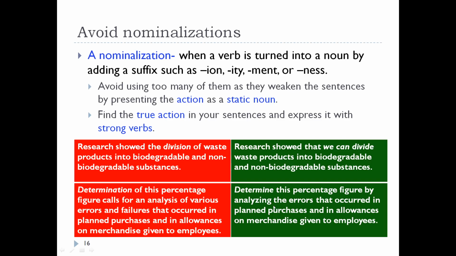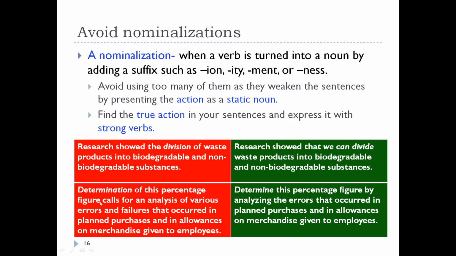If you put it this way: determine this percentage figure by analyzing the errors that occurred in planned purchases and in allowances on merchandise given to employees. Now you have a strong verb, determine, like you're being asked to do something. So this sentence avoids nominalization and it is clearer.